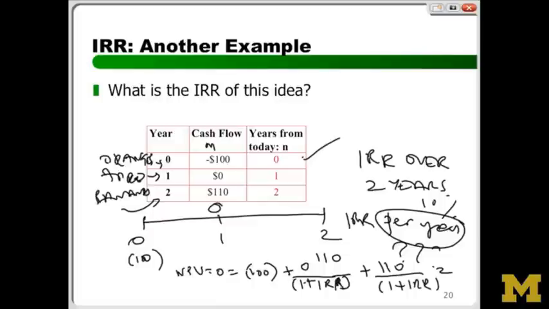How many unknowns in this equation? 0 equals negative 100 plus 0 over 1 plus IRR plus 110 over 1 plus IRR square. How many unknowns? 1, which is IRR. What's the problem?